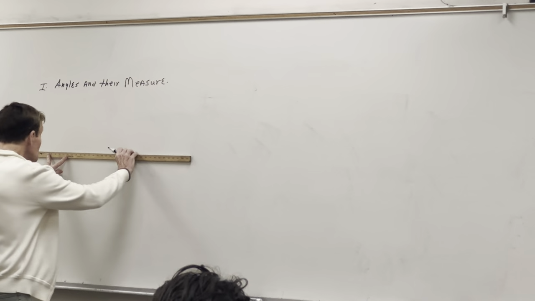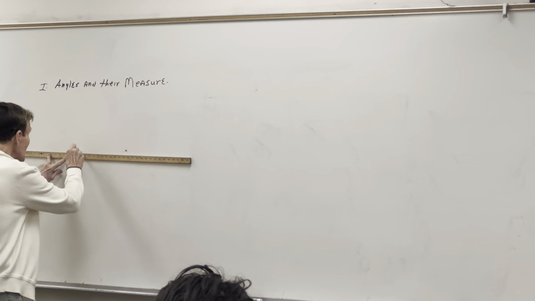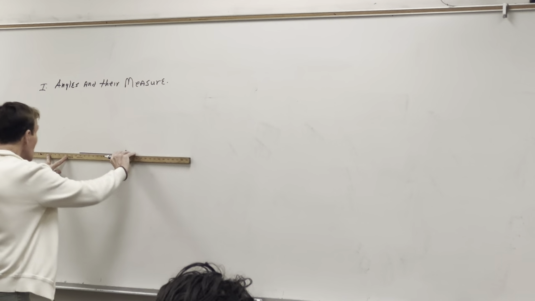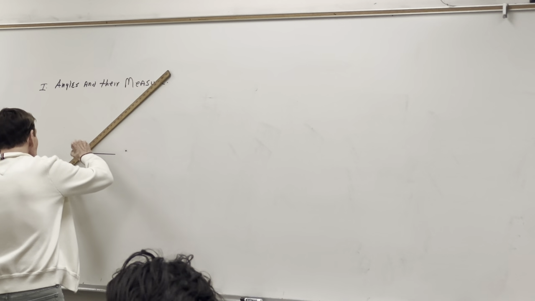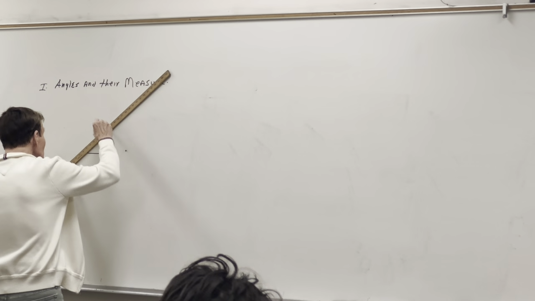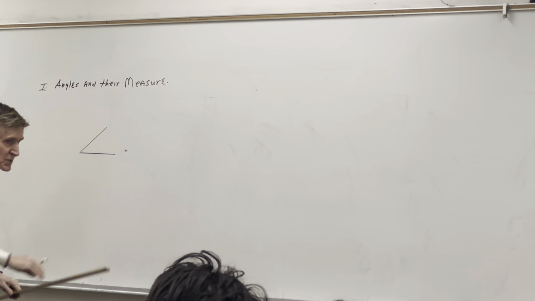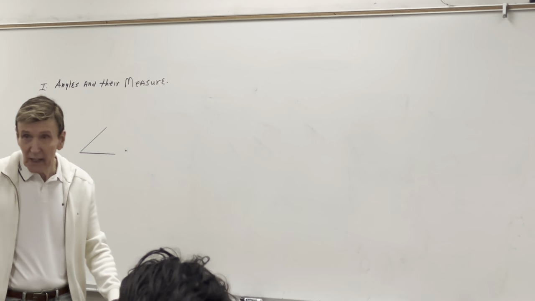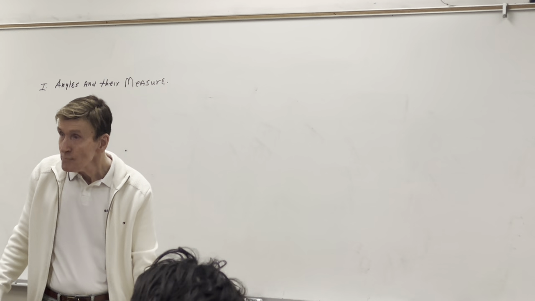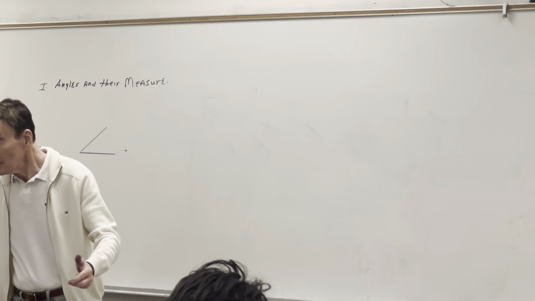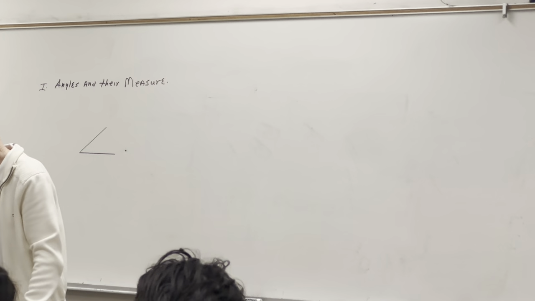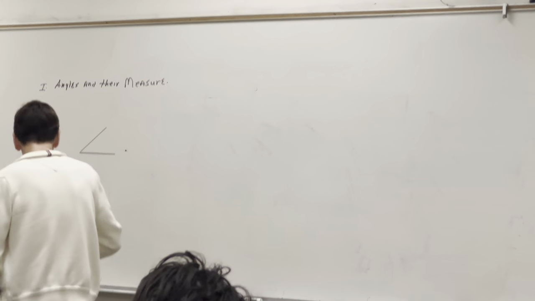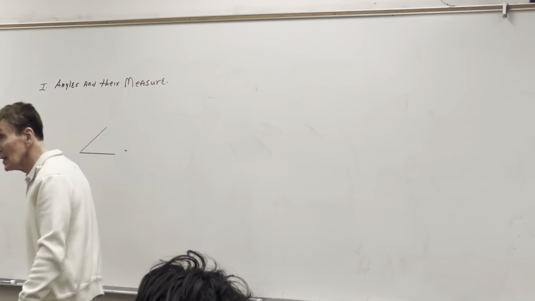If I draw this, like that, every student would say, Professor, that's an angle. From what I know of what an angle looks like, that's an angle. And the title in your textbook is not only angles, but also their measure.